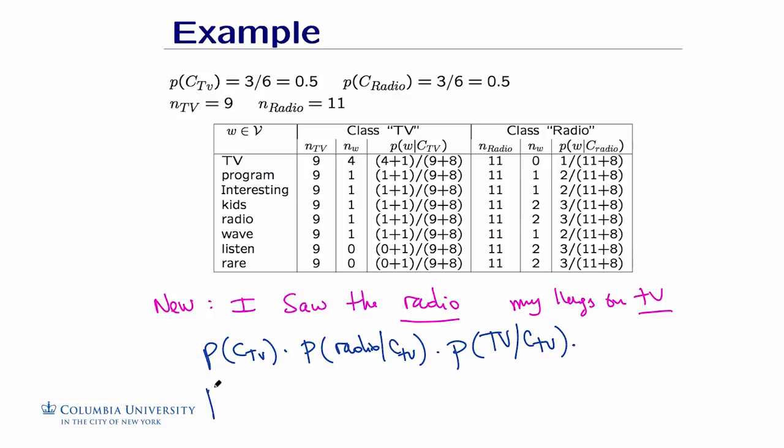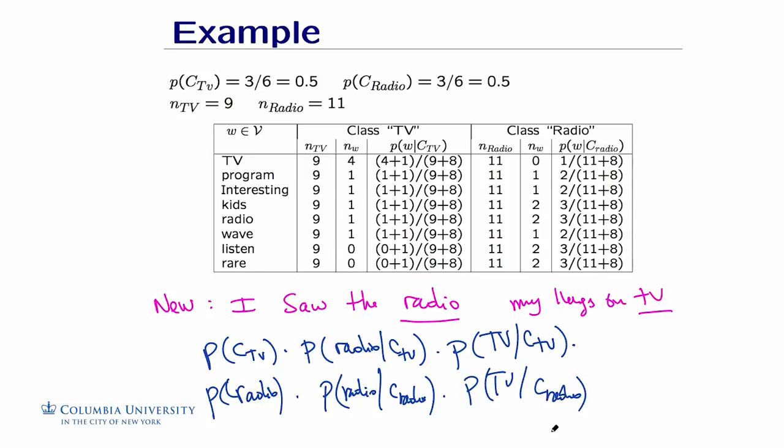We'll do also the same thing for radio: the prior of radio times the probability of radio given the class radio, times the probability of TV given the class radio. So we calculate these 2 terms. With this formulation, with the M estimate, we are guaranteed that none of them will be 0. So we're going to get a number here, and a number here, and you compare both of them, and the class will be the class of the number that is maximum among these two terms.